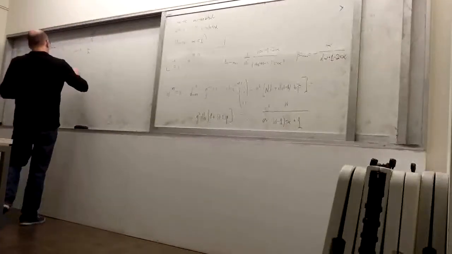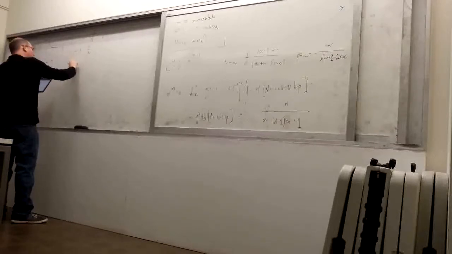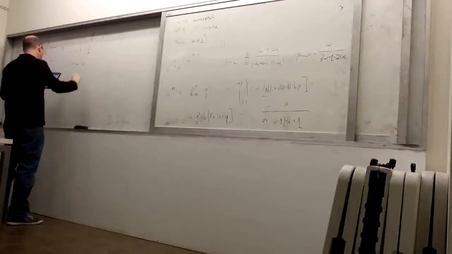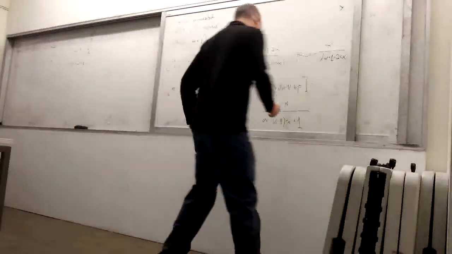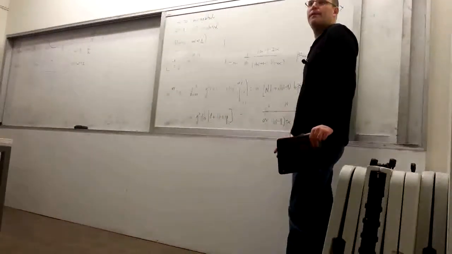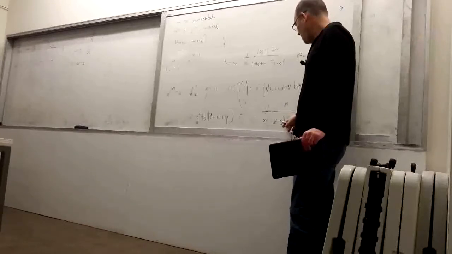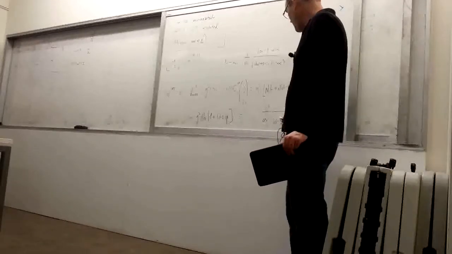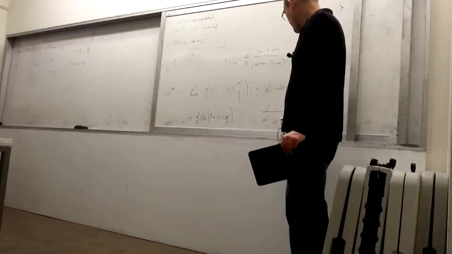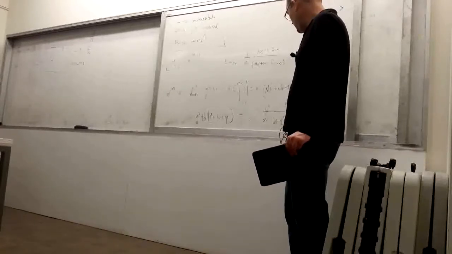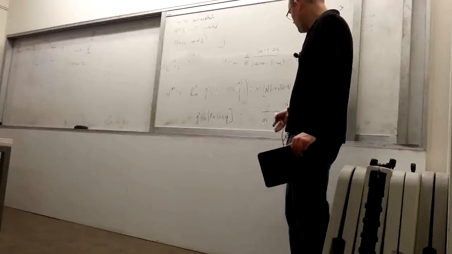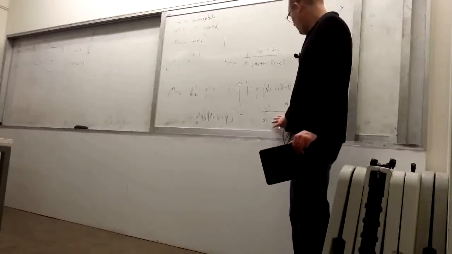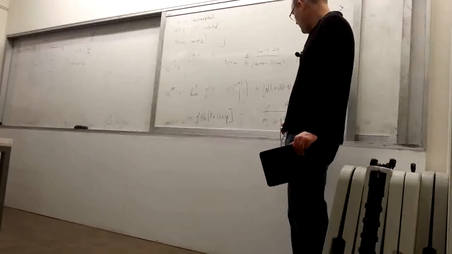What is a bit more interesting is to look at alpha between 0 and 1. Then we have a function of n. Suppose that alpha is small.